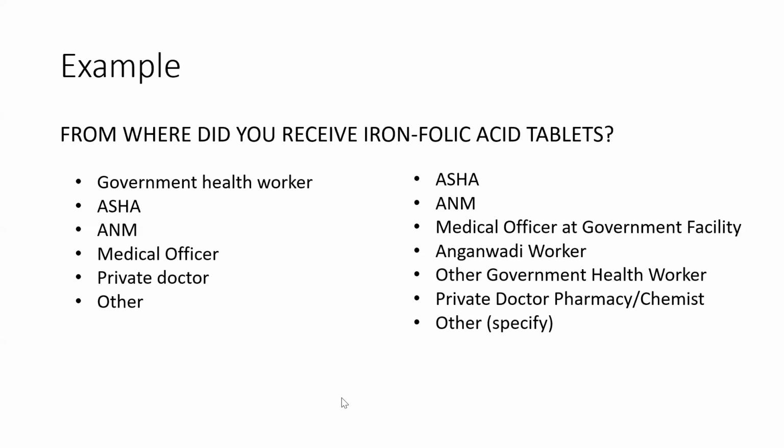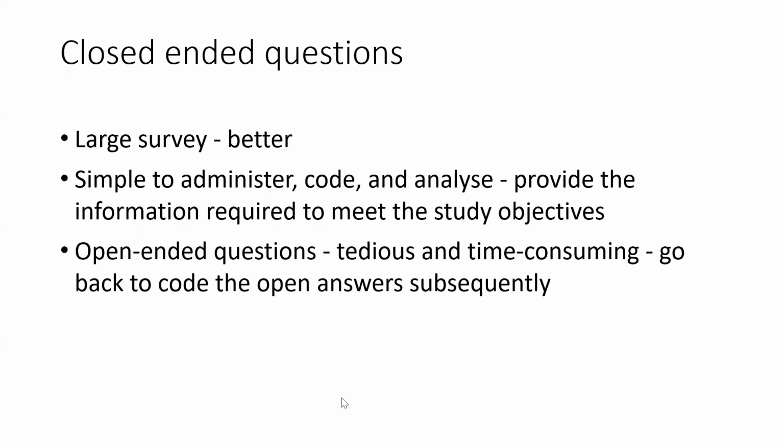They might feel, okay, government health worker is there, medical officer is also there. They might put a tick mark on both, or they might just not respond to this question. So what needs to be done is shown to the right: you start from the specific response and then go to the general response so that the participant is able to comfortably identify the correct response.